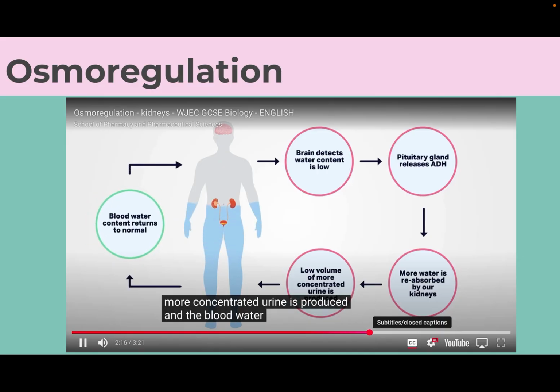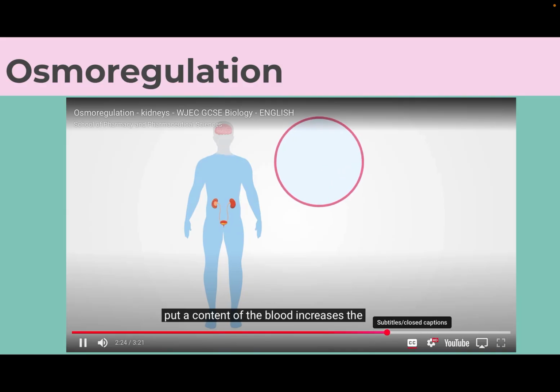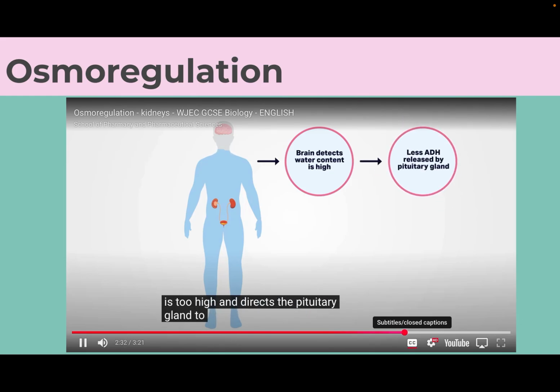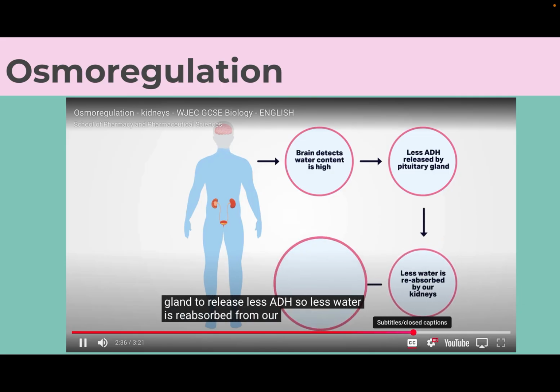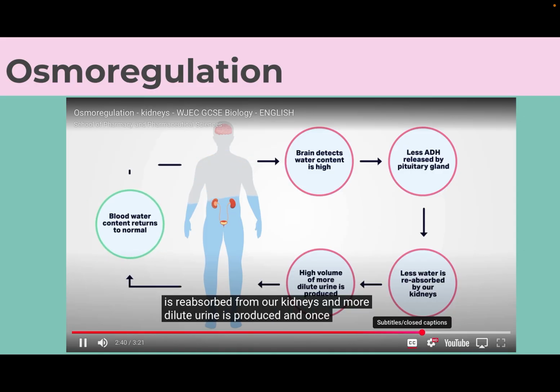And the blood water content then returns to normal. If the water content of the blood increases, the opposite occurs. Our brain detects that the water content is too high and directs the pituitary gland to release less ADH, so less water is reabsorbed from our kidneys and more dilute urine is produced. And once again, the blood water content returns to normal.